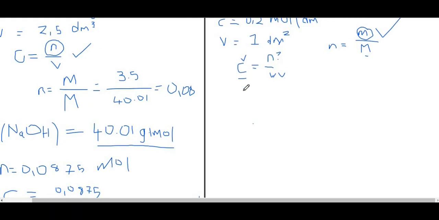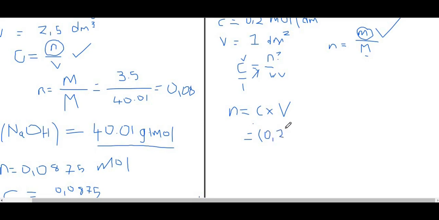You can say this is over 1, so it's a matter of cross multiplying. So 1 multiplied by n equals n, since any number multiplied by 1 is that number again, and then c multiplied by v, so you get cv. So what is my concentration? It's 0.2. You write it down.